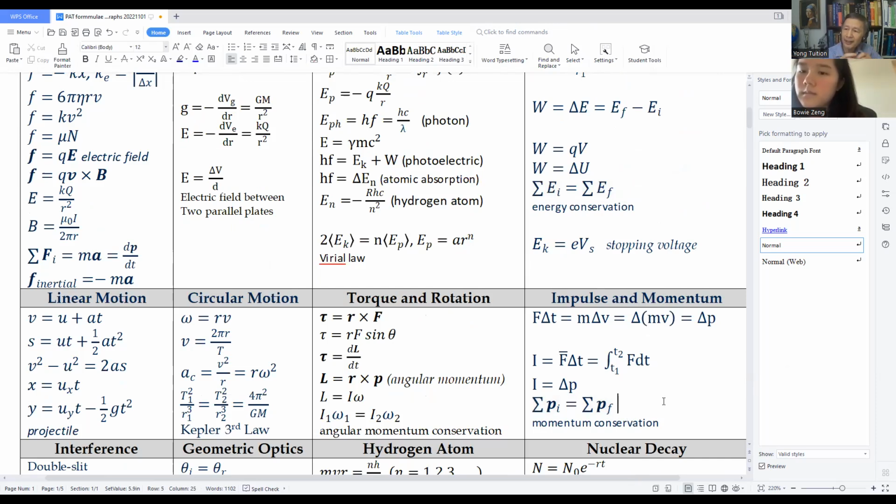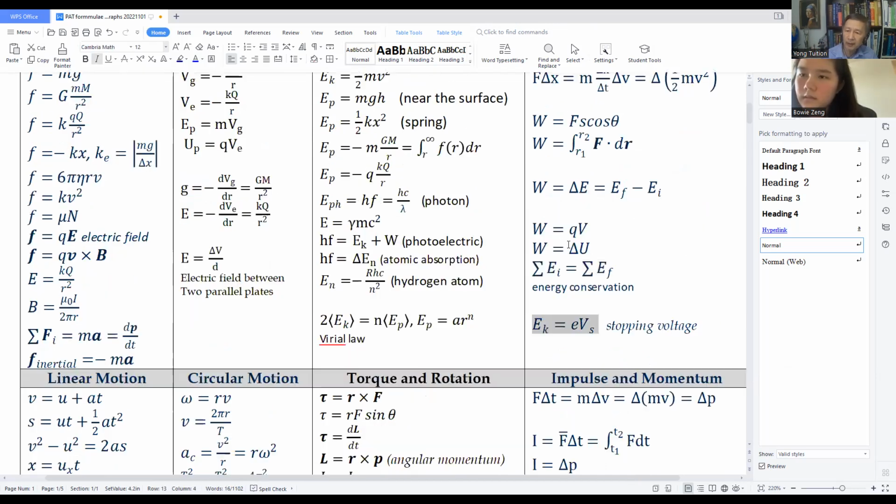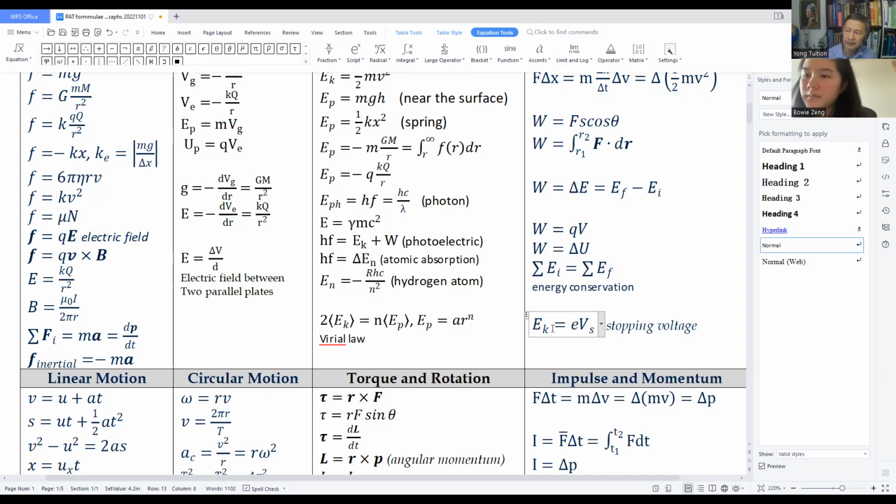So during collision and explosion, we can use these two conservation laws to build two equations. And by the way, this is also part of energy and work done. So when we start the photoelectric effect, the stopping voltage, can you see, is equal to the maximum kinetic energy of the electron in the photoelectric effect.